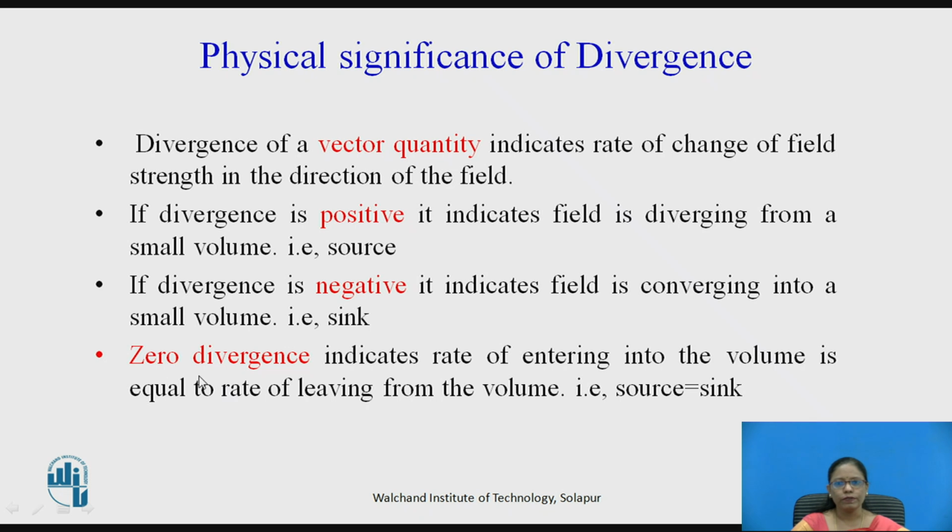Then zero divergence: it indicates the rate of entering into the volume is equal to the rate of leaving from the volume. If both are equal, it is called zero divergence. That is, sources and sinks are both equal.